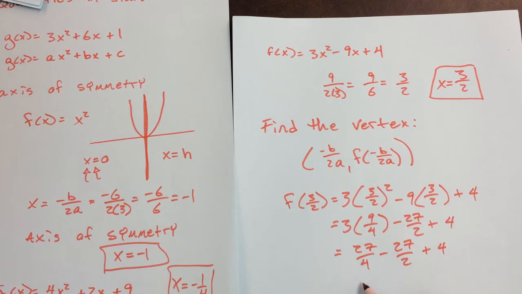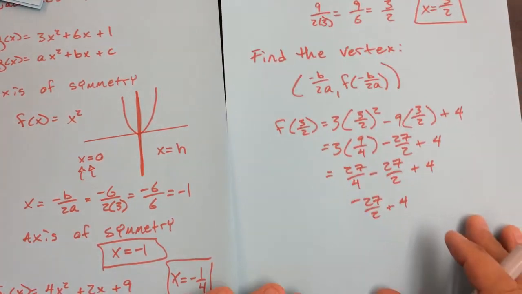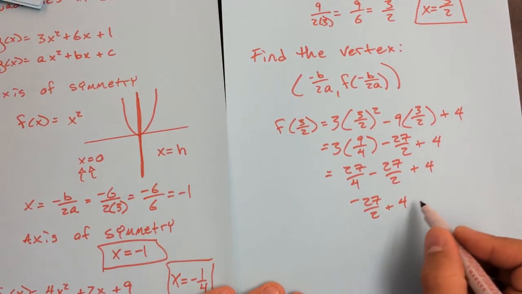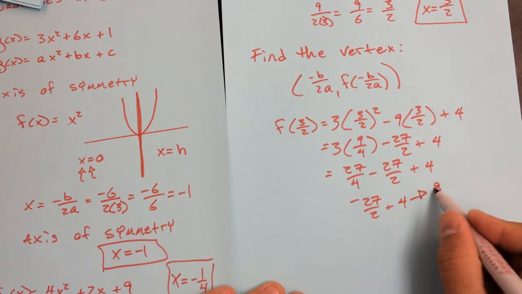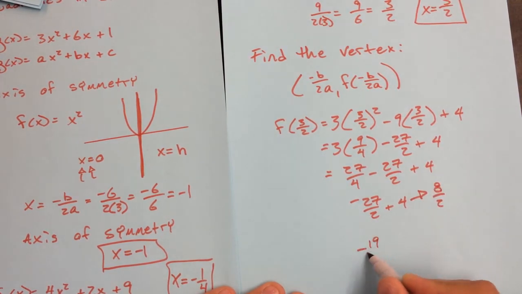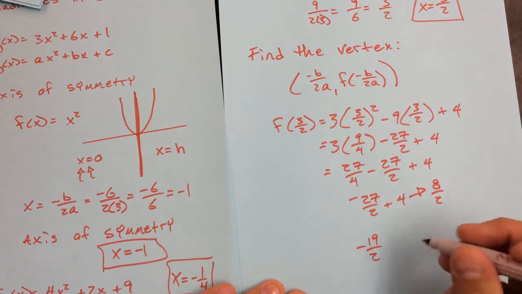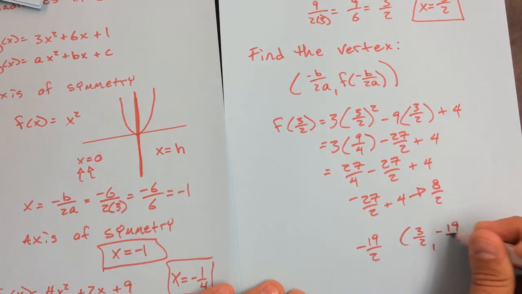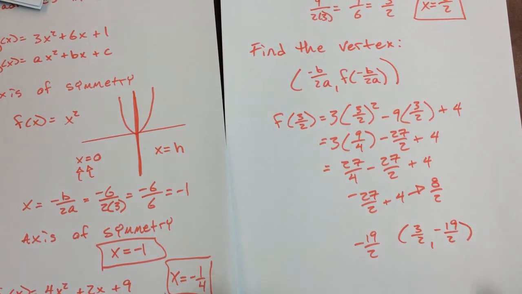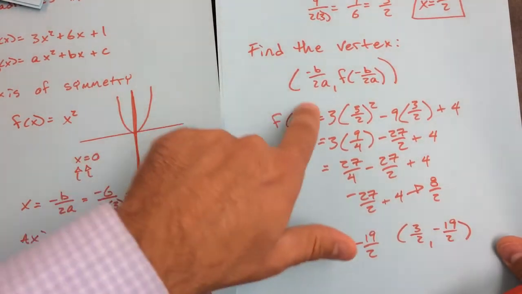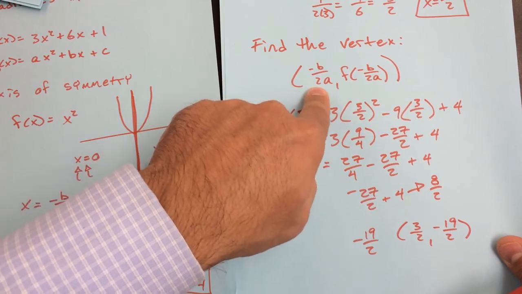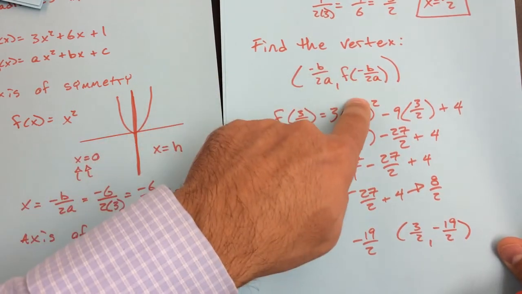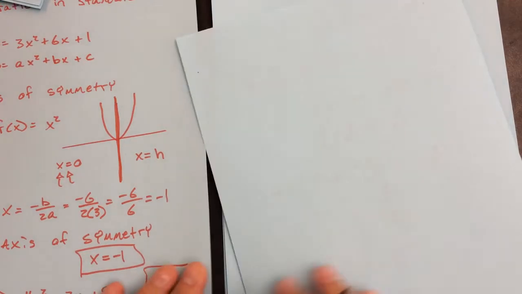This is going to give me negative 27 over 4 plus 4, which is the same thing as 16 over 4, so it's negative 11 over 4. So my vertex is going to be 3 over 2, comma, negative 19 over 2. And that's all you're doing every single time. You're finding the axis of symmetry, the h value there, and then plugging it into the function rule. So let's do another example.